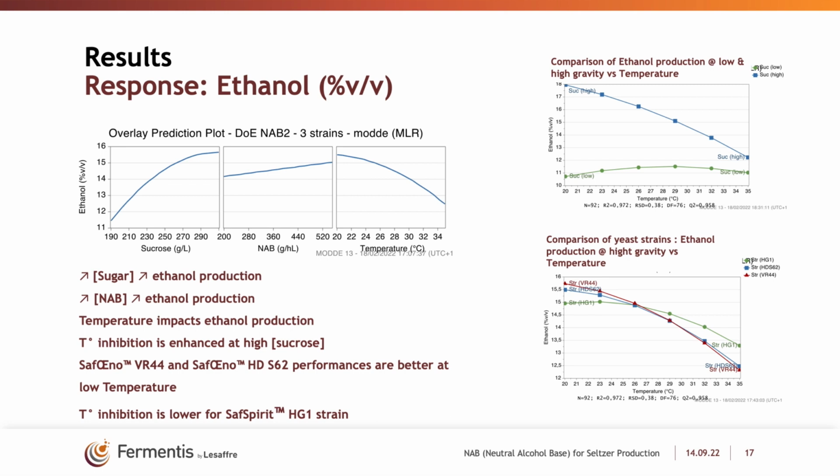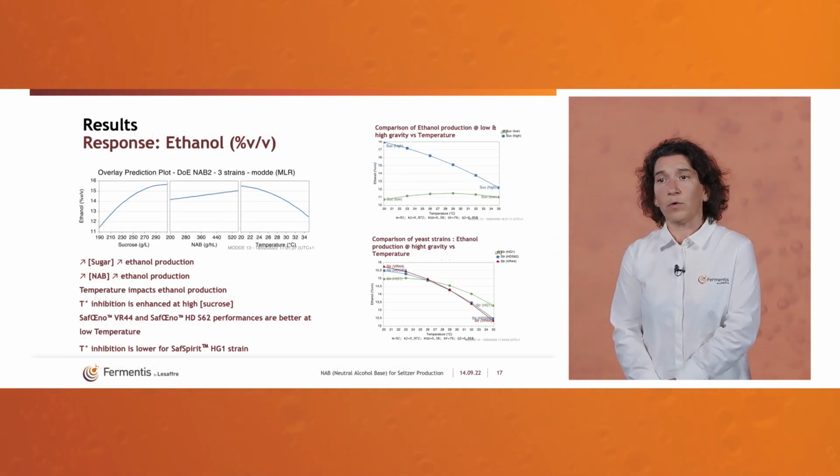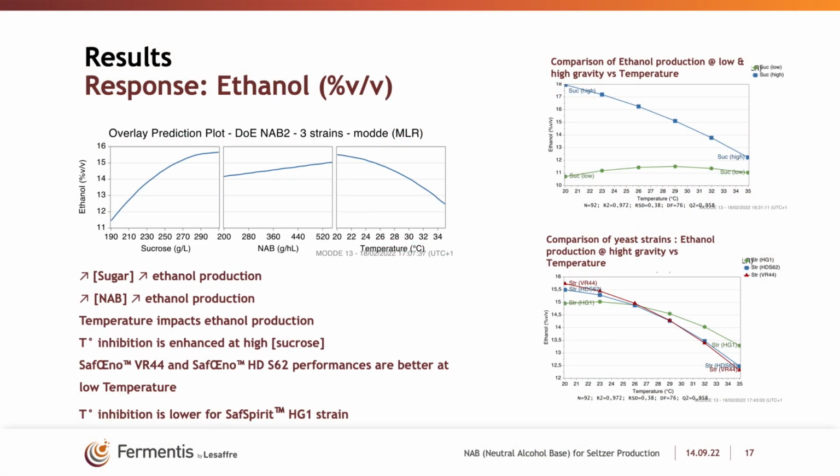And we can see on the third graph that the temperature impacts the ethanol production, above all at high temperature. On the graph on the top, on the right, we can see that the temperature inhibition is enhanced at high concentration of sucrose. It is the curve in blue.